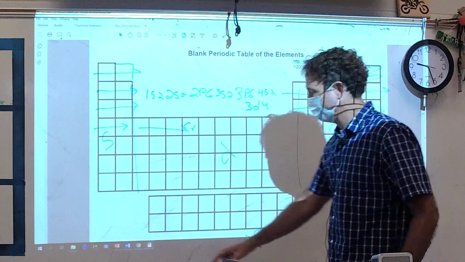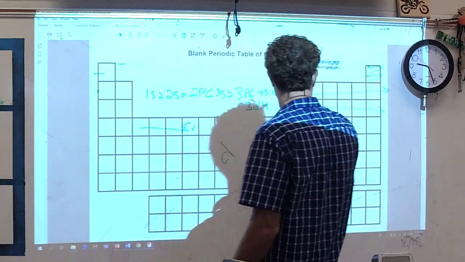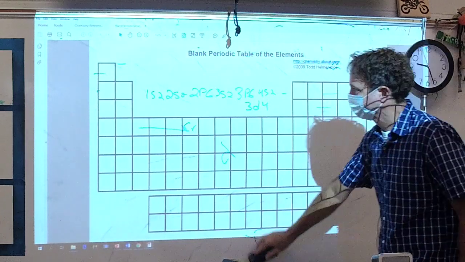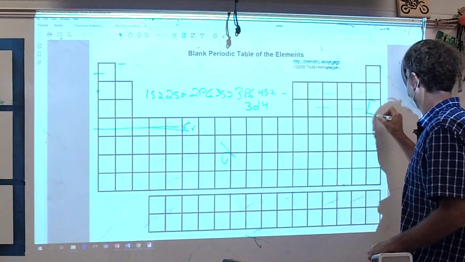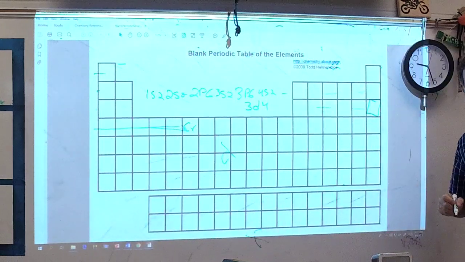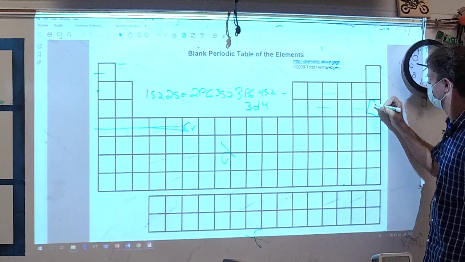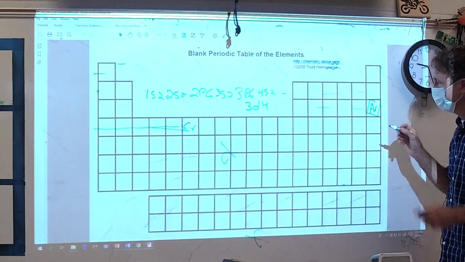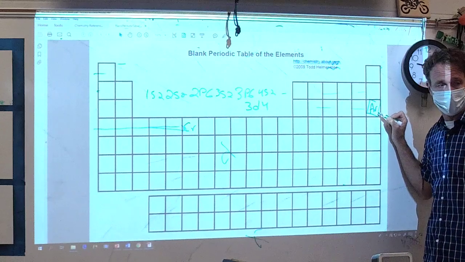If you find chromium on the periodic table, okay, go backwards like this and find the last noble gas that you went by. Who is this? Who was here in 3p6? Argon. So do you know what the noble gas configuration for argon is?